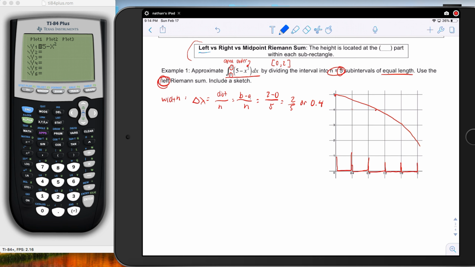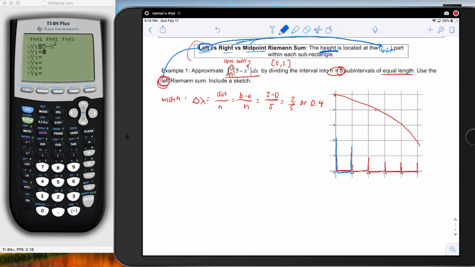To know if it's a left, right, or midpoint Riemann sum, we say the height is located at the left part within each subrectangle, or the right part, or the midpoint. It just depends on what it's asking. In this case, we're looking at the left, so the height of each rectangle is located at the left part.